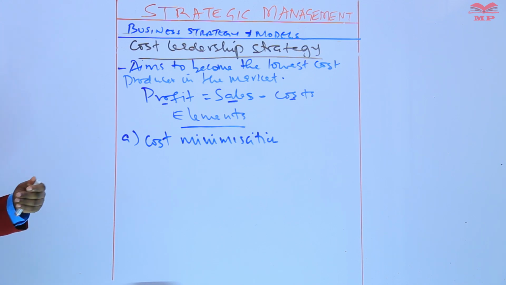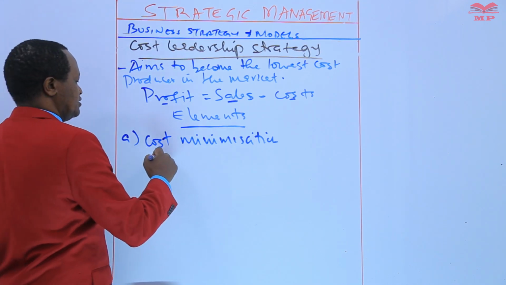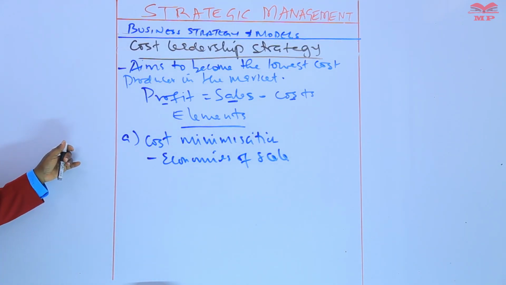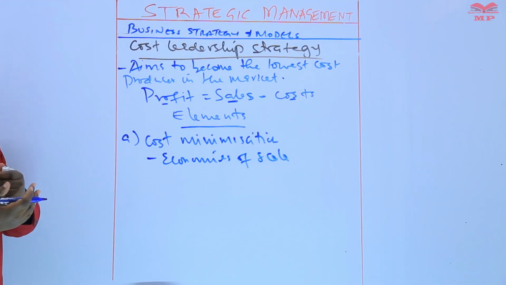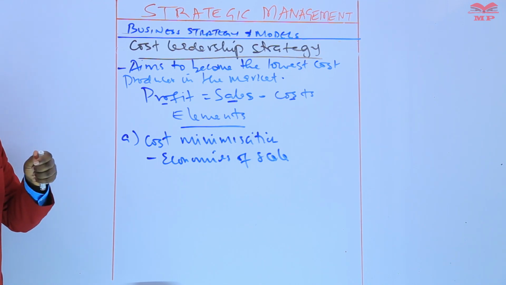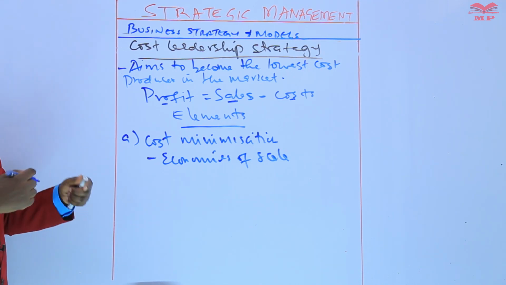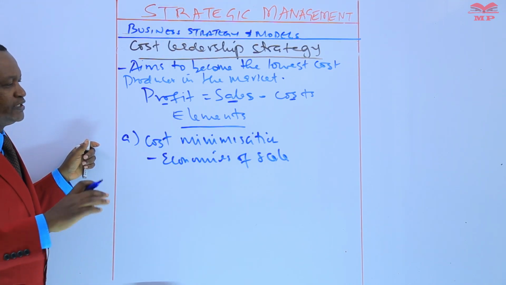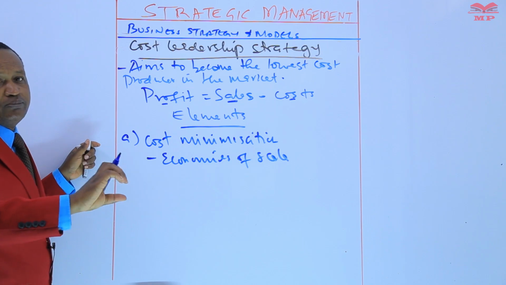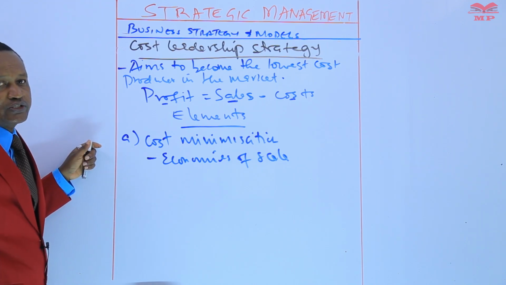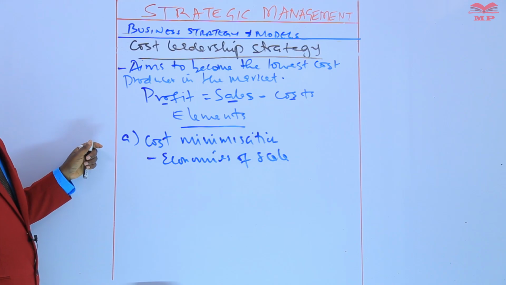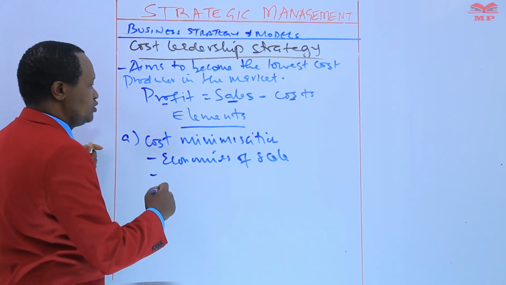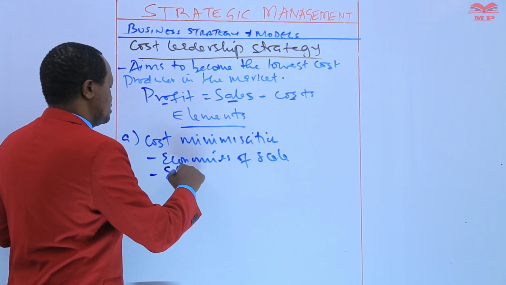That could include economies of scale, which means achieving lower per unit costs through increased production volume. It could also be through efficient production processes.